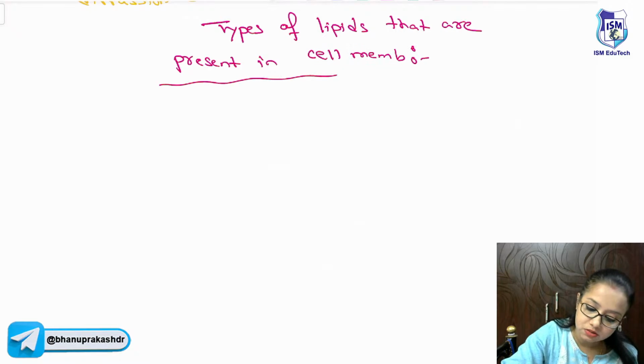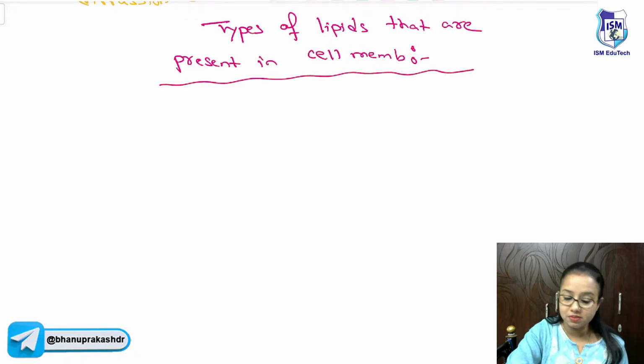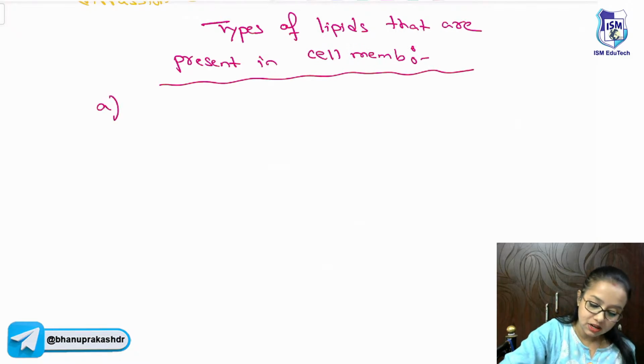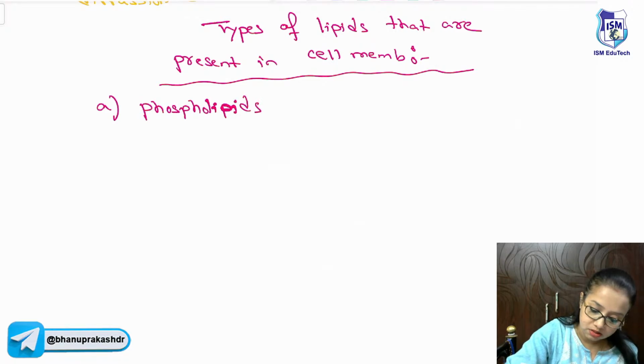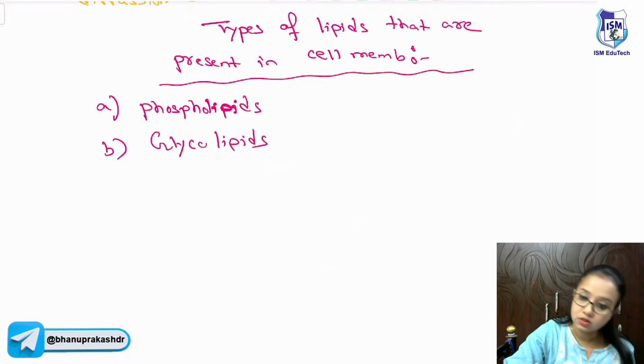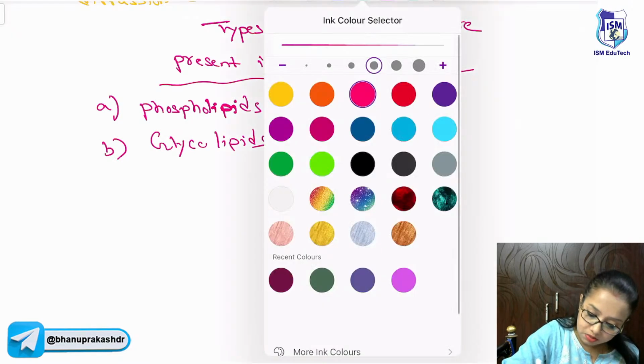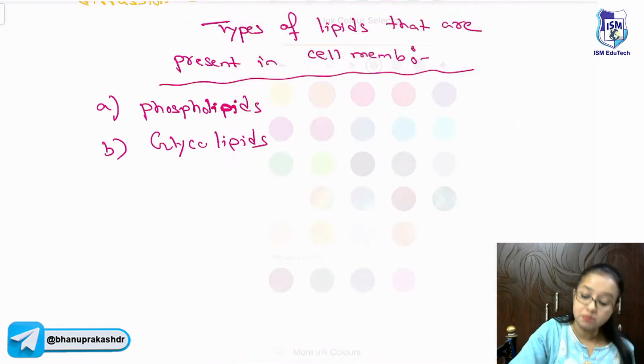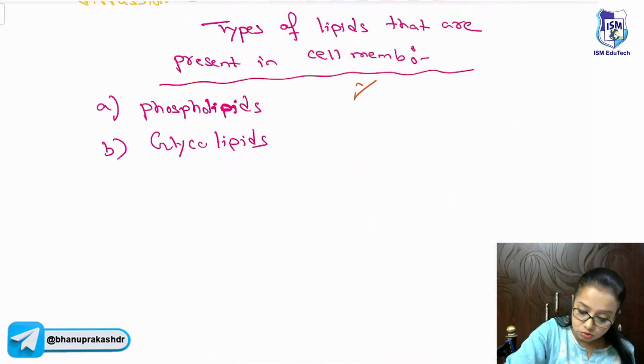What are the types of lipids present in the cell membrane? They are mainly phospholipids and glycolipids.